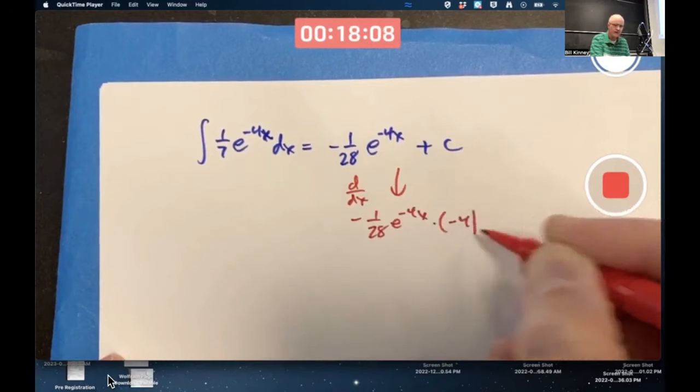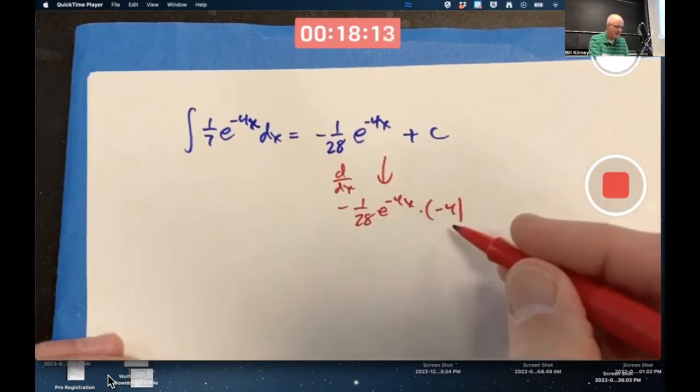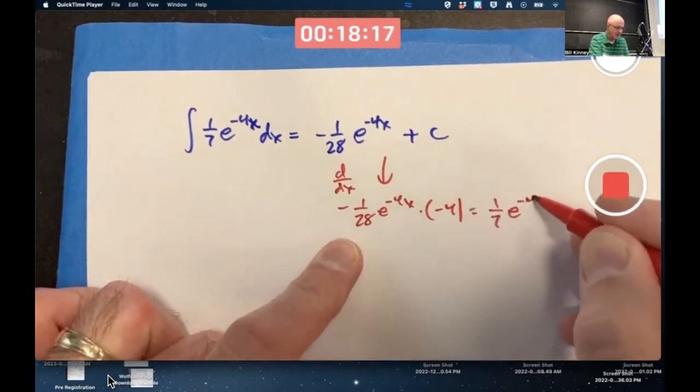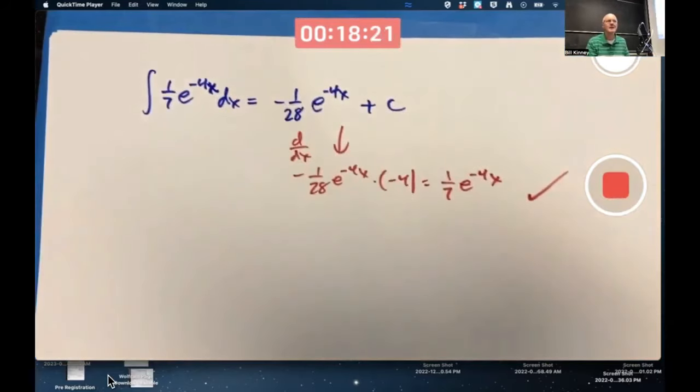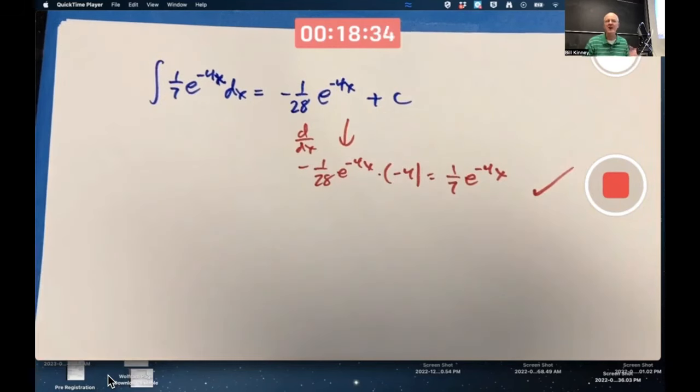Chain rule. C differentiates to 0. Yeah, negative 4 times negative 1/28 is positive 1/7. We're done. You should be able to do guessing at this level on the exam. By the way, these are not gateway problems. Gateway is just derivatives. These type of problems show up on the Calc 2 gateway, and harder problems too.